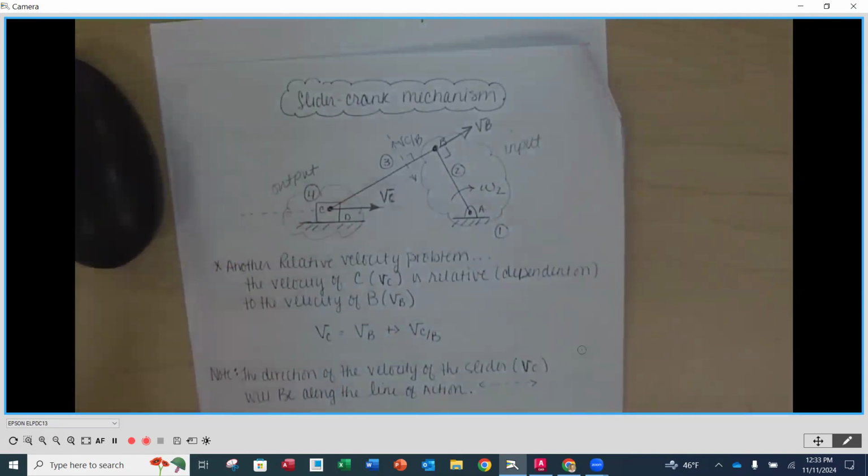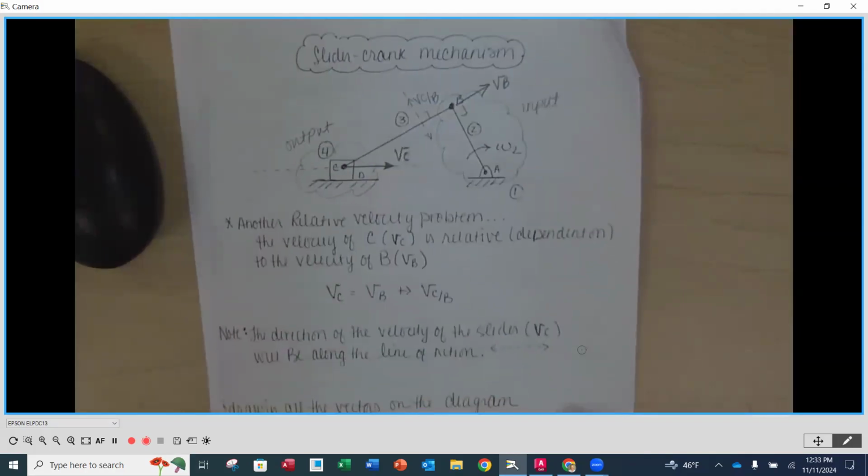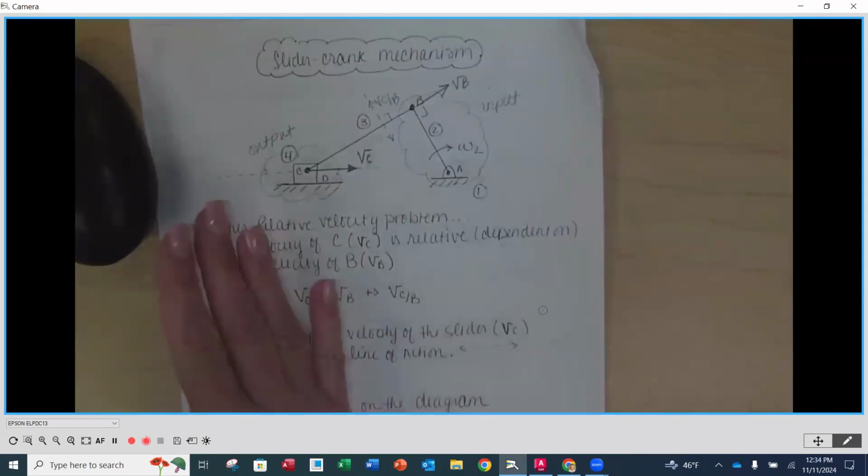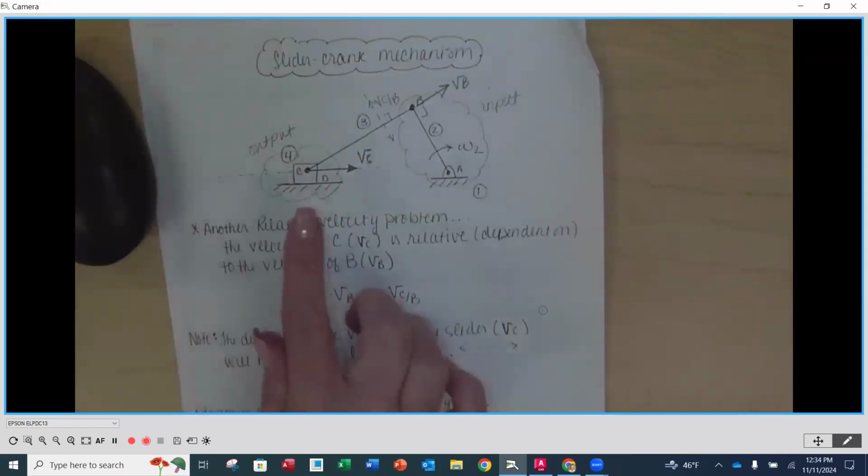Okay. Now, question for you. Why don't we have a W4 in this case? Why don't we have an angular velocity of 4? Right, so this is not rotating about a fixed center. Our slider is constrained to only have motion going horizontally back and forth or in a straight line.